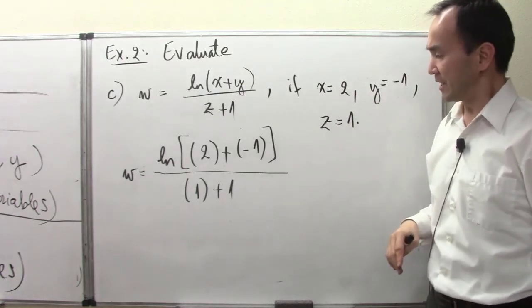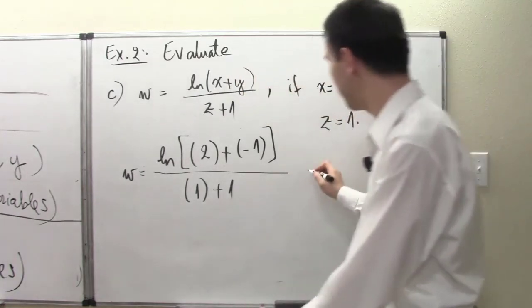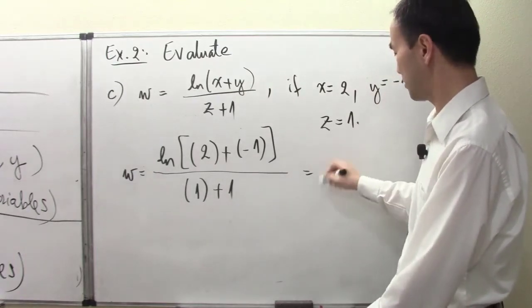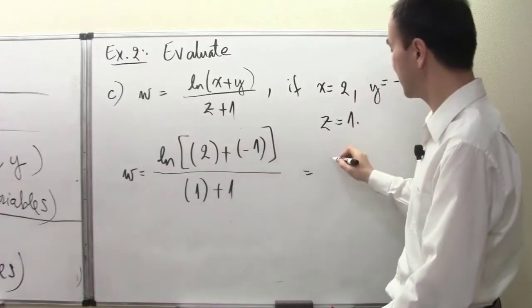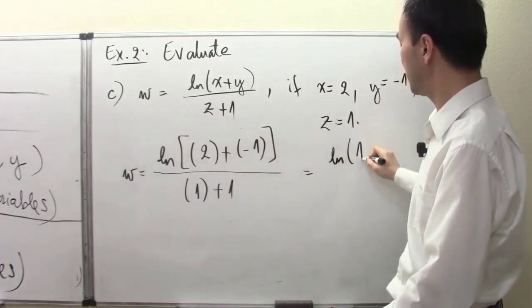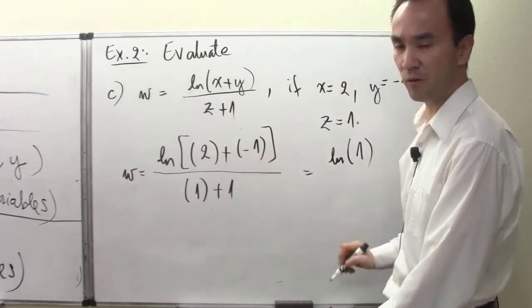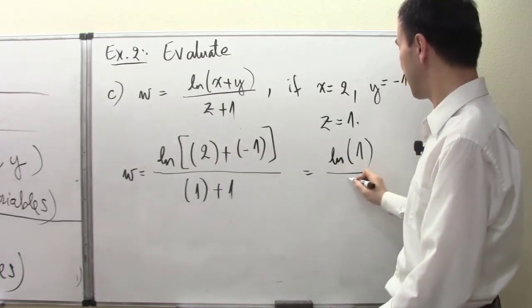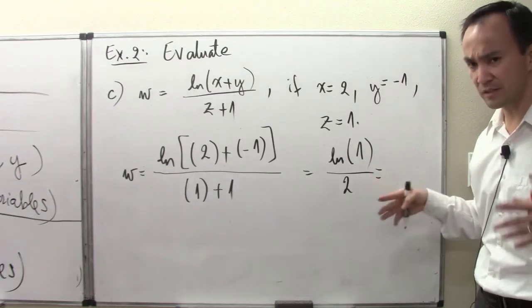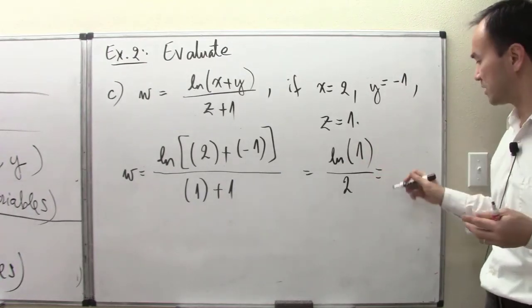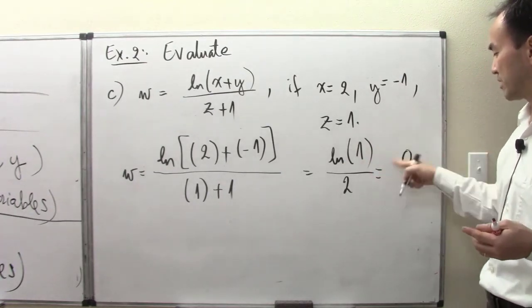All right, and so now in that way, my final answer here. Well, how about one more step before the final answer? The expression on top gives me natural log of 1, because 2 plus negative 1 is 1, and then I'm dividing that by 2. But hey, wait a minute, the logarithm of 1, in any base, will always equal 0, and 0 over 2 is 0.